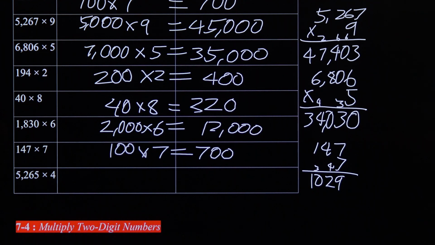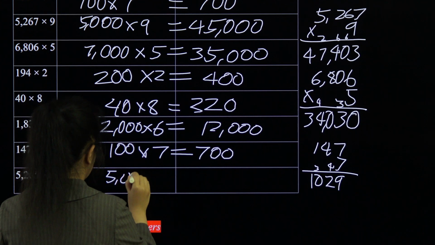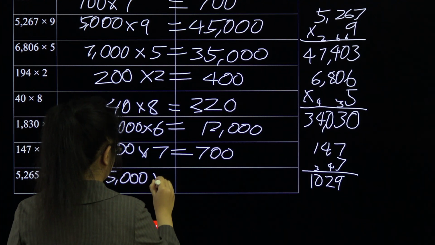Anyhow, we move on to the last question of the section. 5,265 times 4. Well, it's pretty evident which one's bigger, so we're rounding to the thousands place again. We look at the hundreds place, it's a 2. If it's a 2, we round down, so then we get 5,000 times 4.